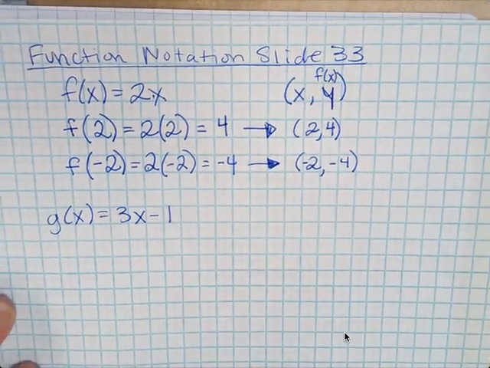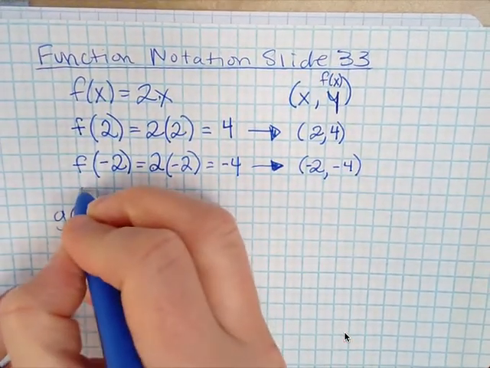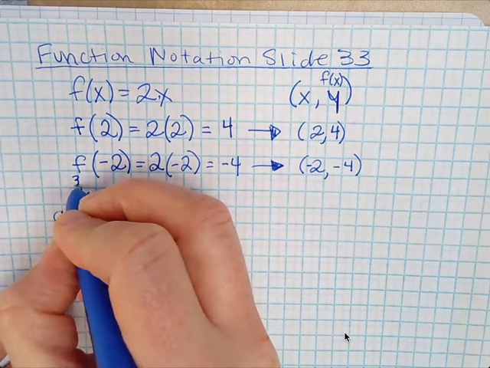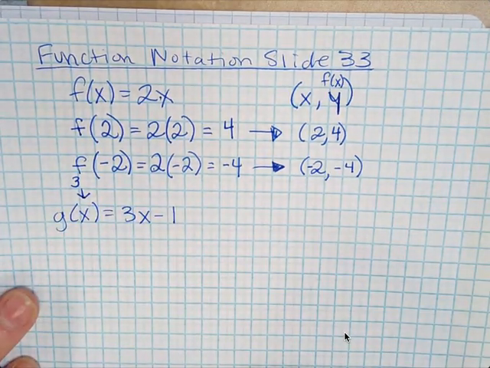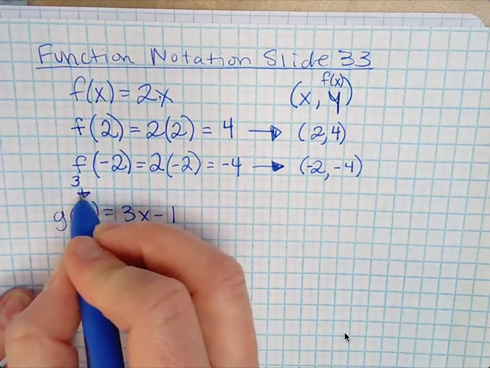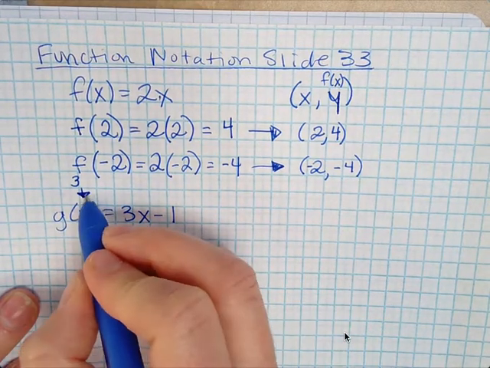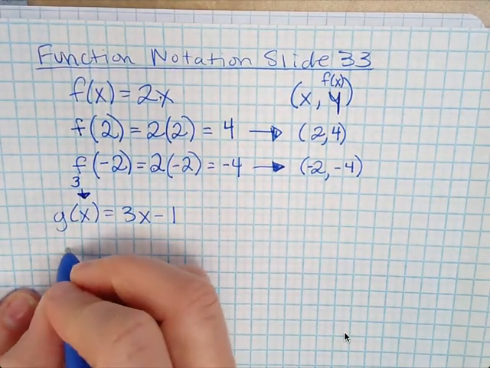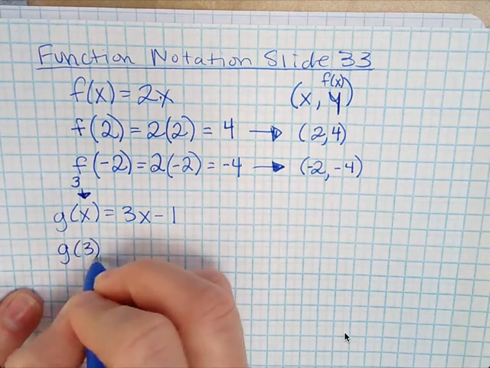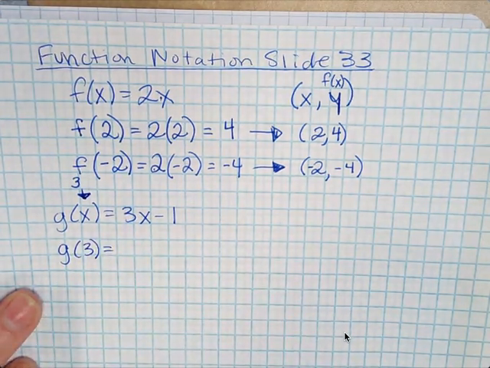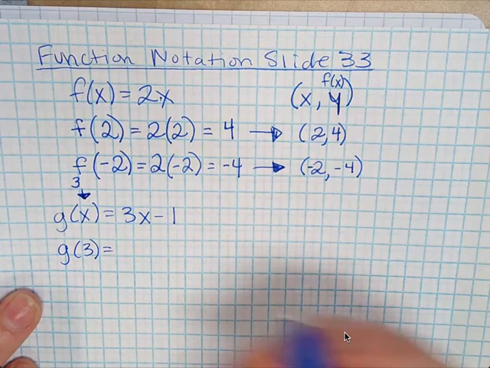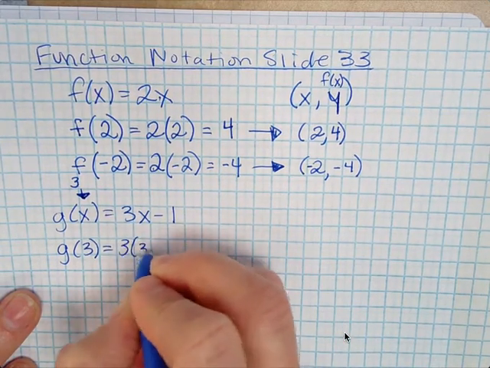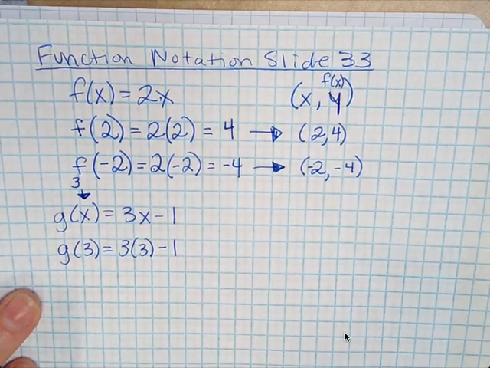And so it says we are going to input in here a 3. And so we want to know what the output is. So we're going to write g of 3 equals, anywhere I see an x, I'm going to plug in the 3. So 3 times 3 minus 1.